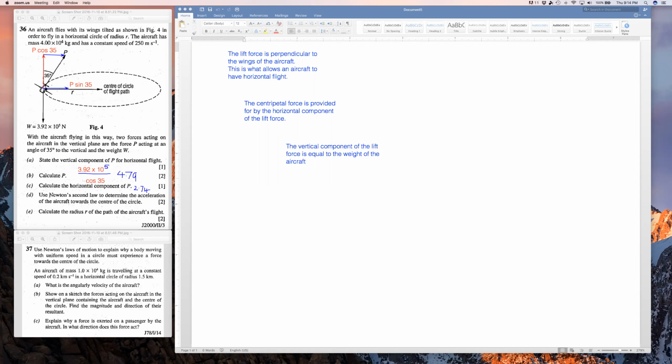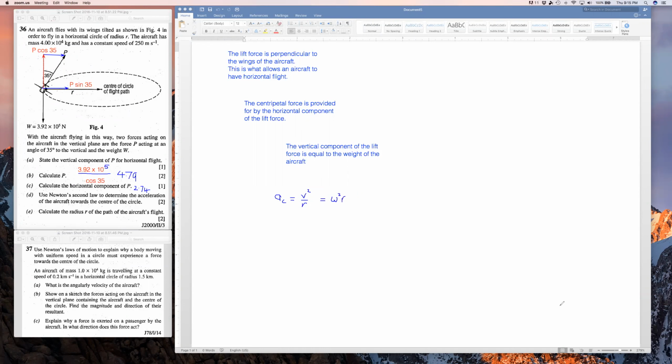Then they're asking us to use Newton's second law to determine the acceleration of the aircraft. Now, we know that the acceleration is called the centripetal acceleration. And we know centripetal acceleration is equal to v squared over r, or omega squared r, omega being the angular velocity.